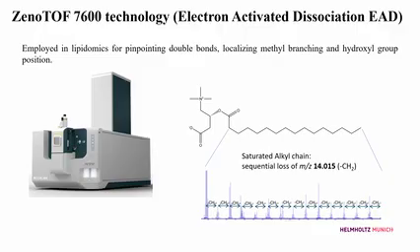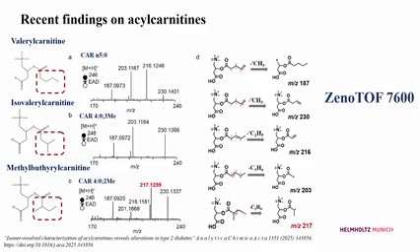I reported an example about the fragmentation of acyl carnitine from a very recent publication, which was published a few months ago in 2025, about the differentiation of 3 very similar isomers: valeryl carnitine, isovaleryl carnitine, and methylbutyryl carnitine.